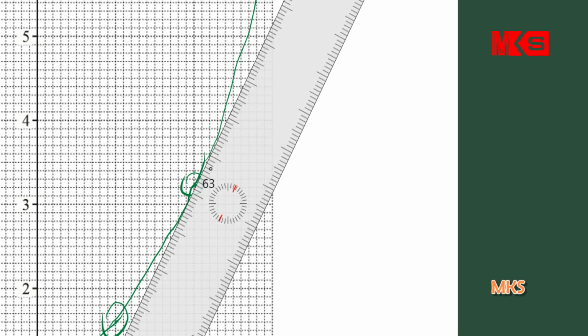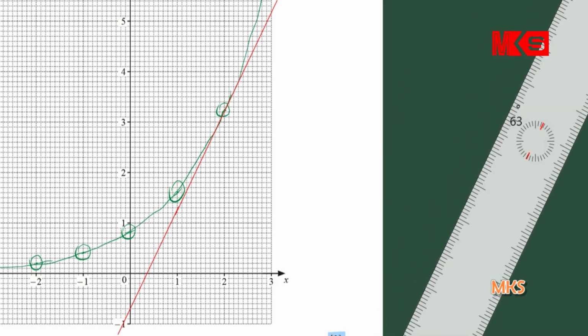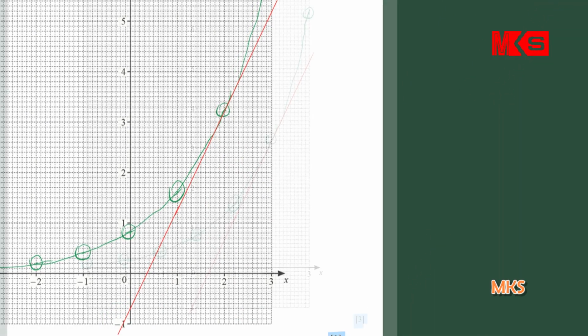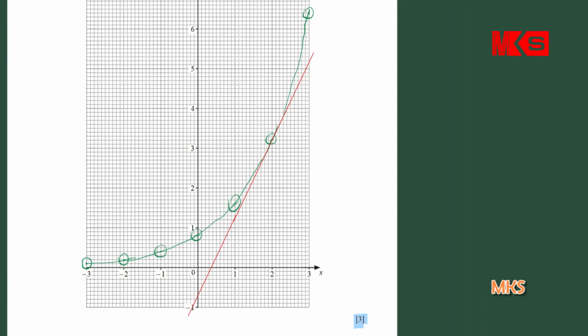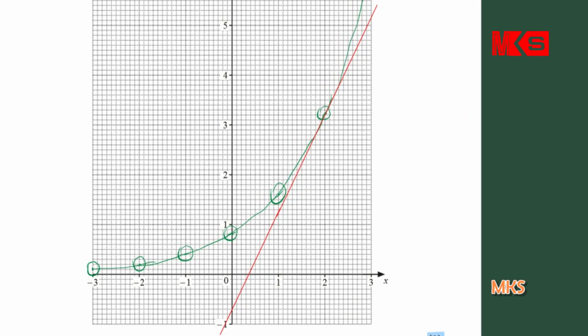And then draw a line here. This is the tangent.